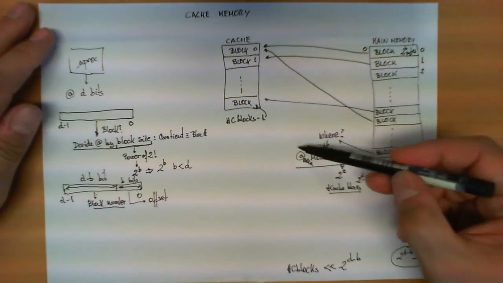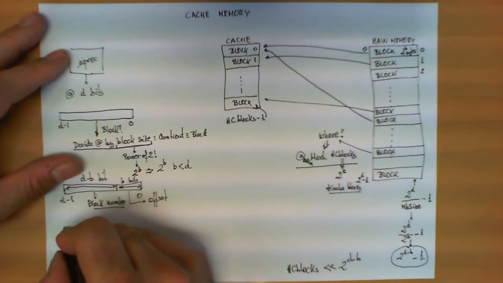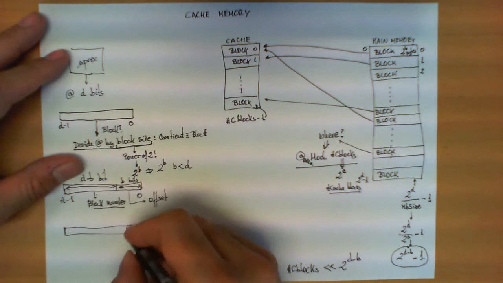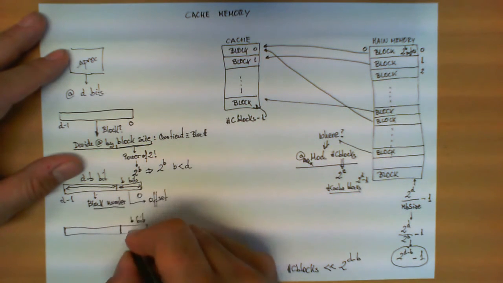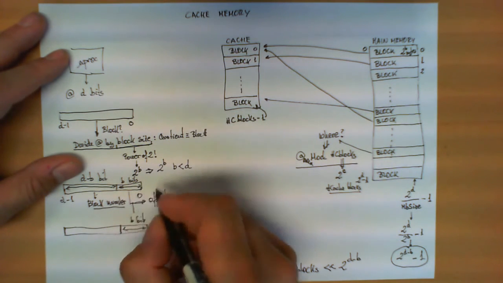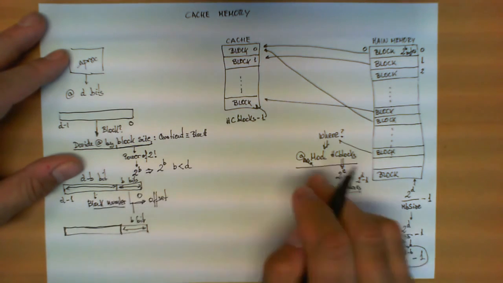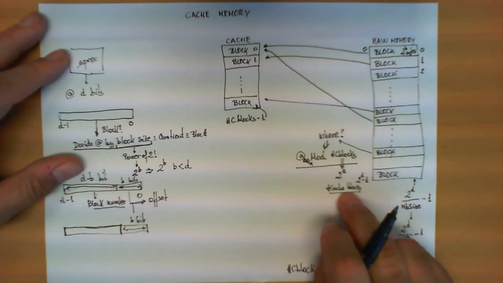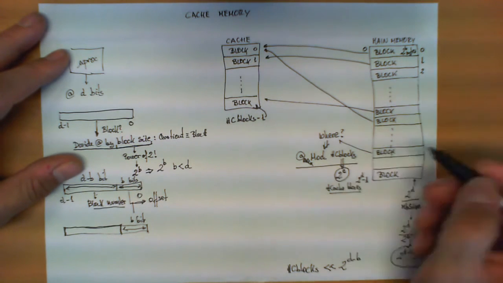Now, taking the modulo of the address of the block is very easy. If we go back to our example here, if this is my address, I know that I have to take b bits out because this is the offset, as we said before. And now for the remaining bits, I have to take the operation modulo the number of c blocks, which happen to be 2 to the c.